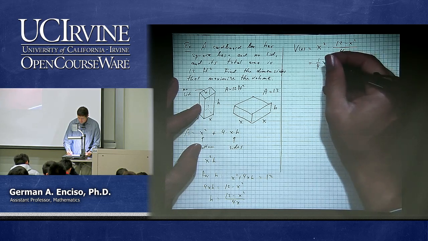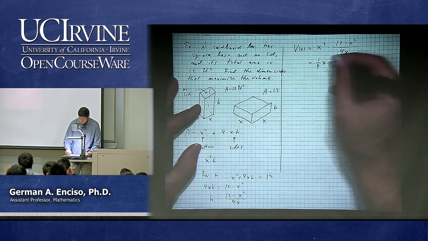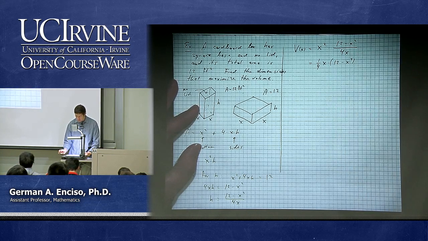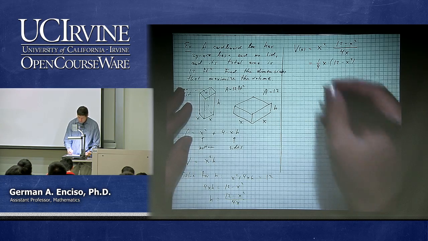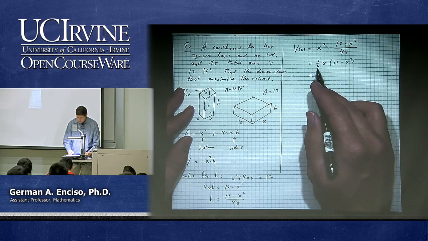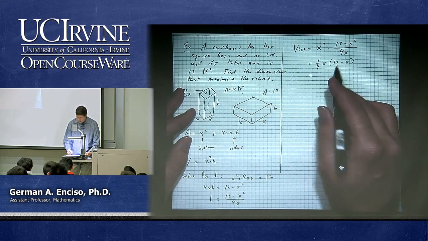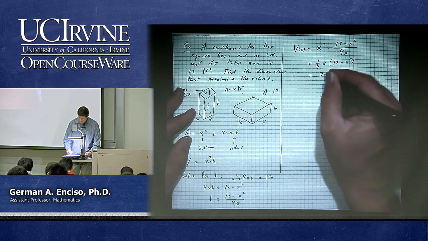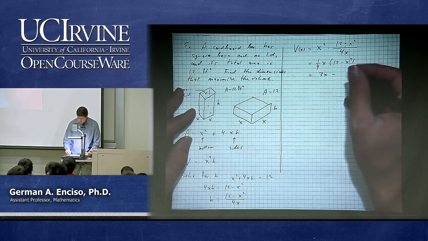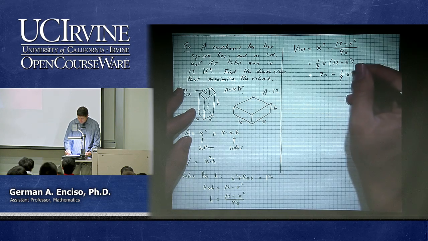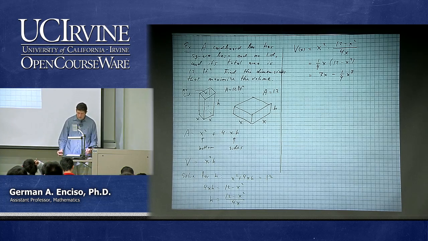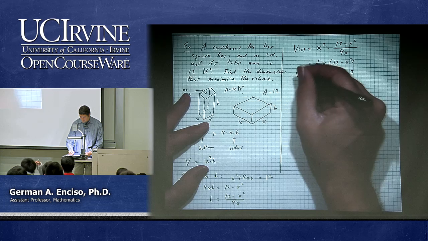This is 1/4 x times (12 minus x squared). Let's multiply it out. It's 1/4 times x times 12, which is 3x, minus 1/4 x times x squared, which is 1/4 x cubed. Okay, fantastic. So this is V of x.